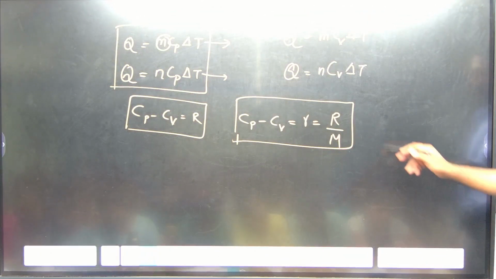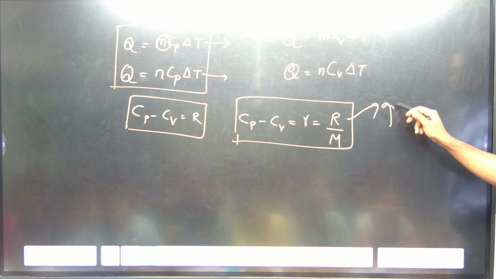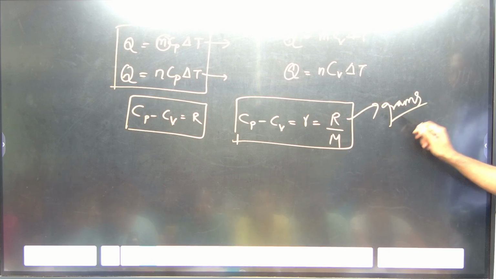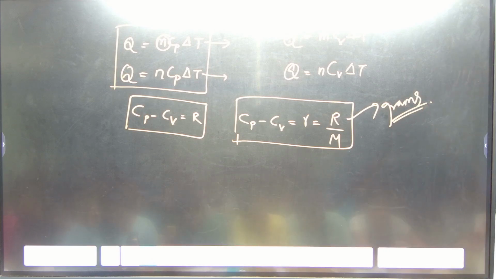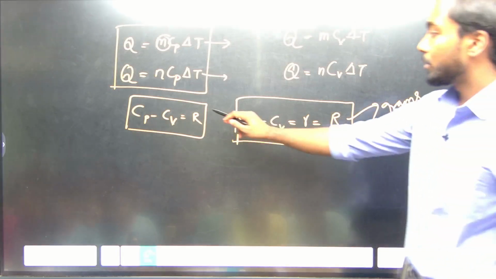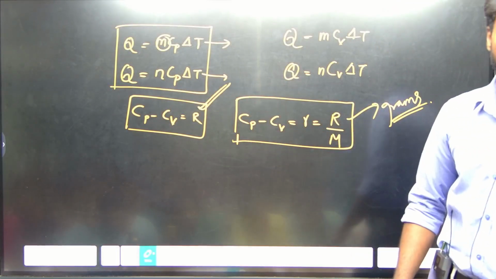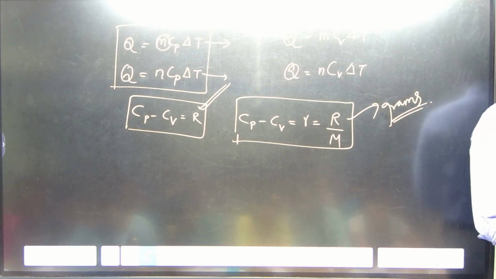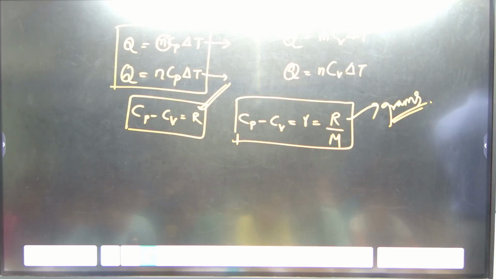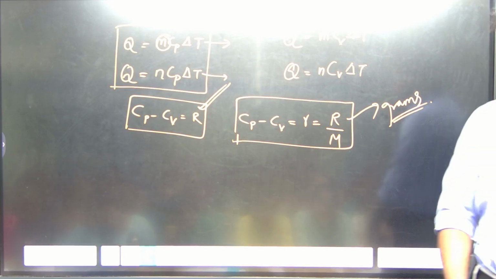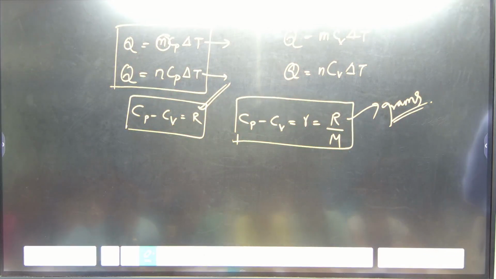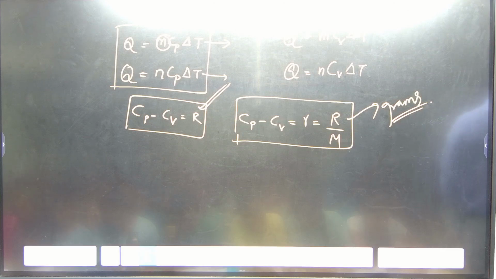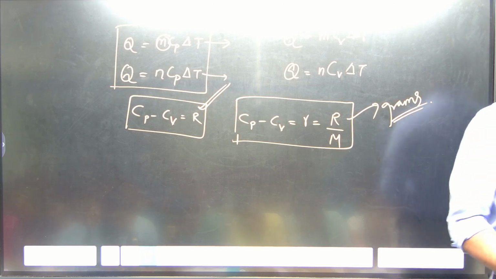This formula we use in terms of grams, and in most cases we will use this formula only. Small r is the specific gas constant.